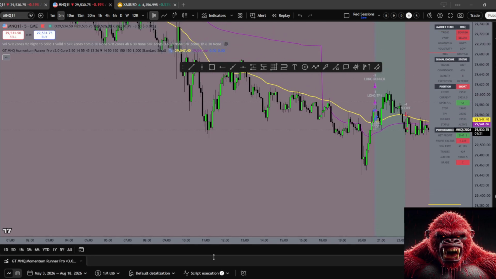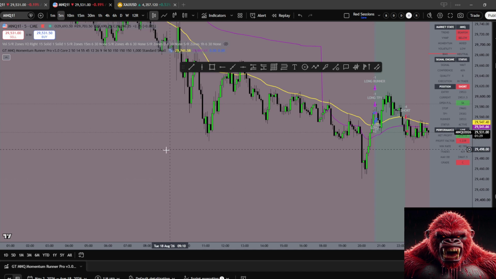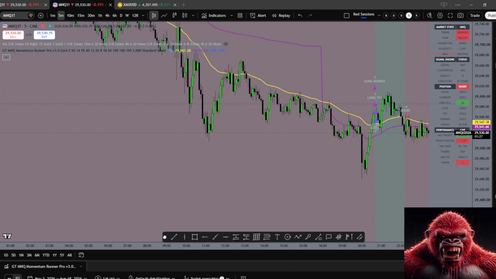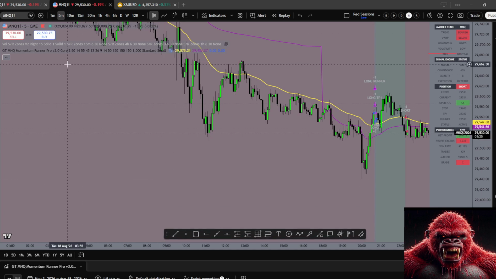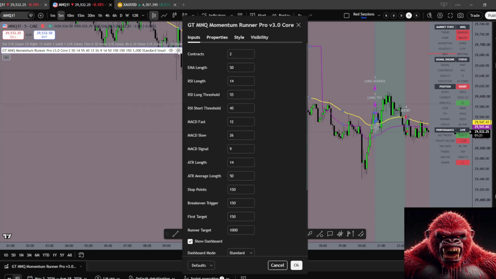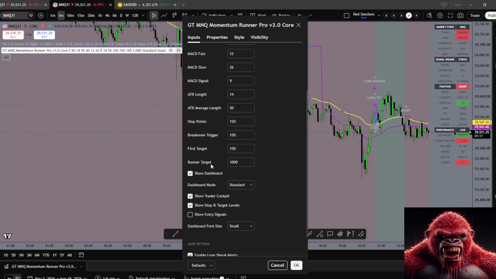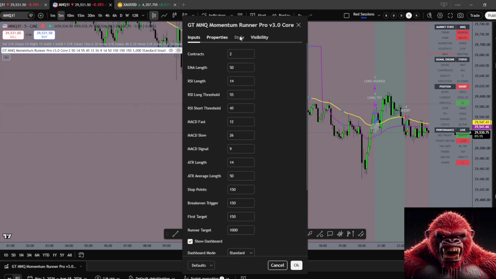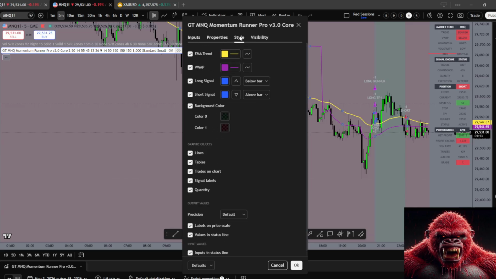Something else that I want to show you is that when you get the indicator at first, you're going to want to change a couple of your settings. One thing, and this is just me, but it irks my soul, is that your EMA and your VWAP are both going to be blue.